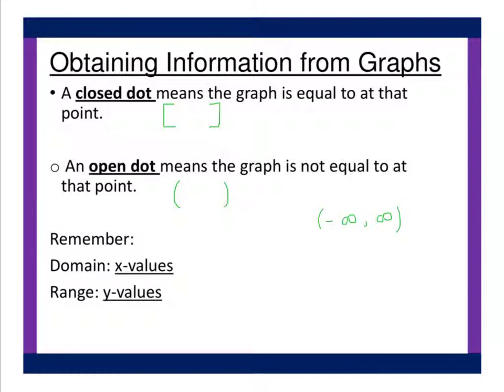Notice that I put parentheses around this, and you will always have parentheses for infinity, because we can never actually equal infinity, and that's what brackets mean, is equal to. It's not actually a number, it's an idea. So we put parentheses around infinity. And then remember from yesterday, our domain is our x values, our range is our y values.